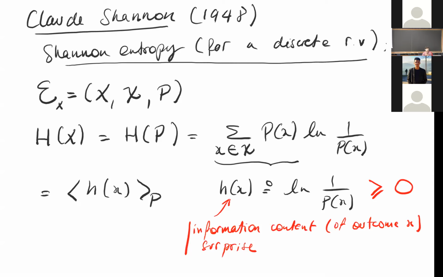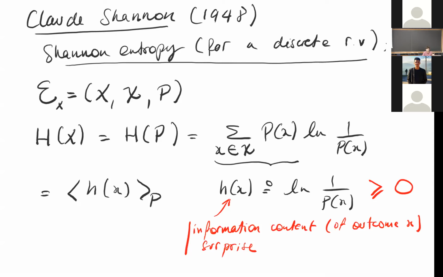In which sense? Let's say that I tell you the outcome of something which was extremely predictable. For example, I tell you, by the way, tomorrow morning, the sun will rise. This event is a random variable, because maybe the sun will not rise. But it has a probability which is so high that if I'm God and I know that the sun will rise, and I tell you this, you gain essentially no information, because you knew it already.